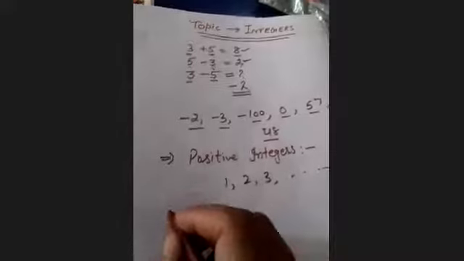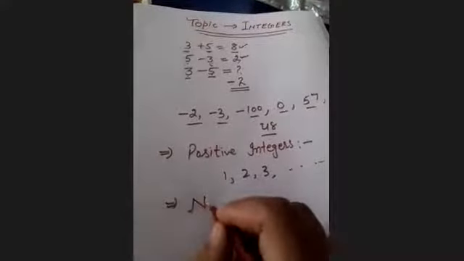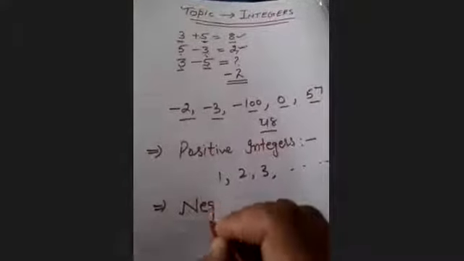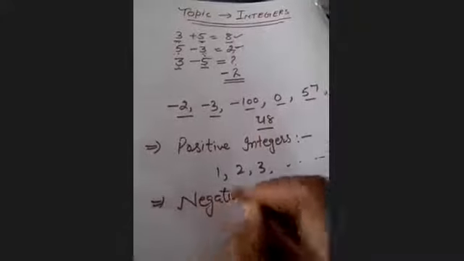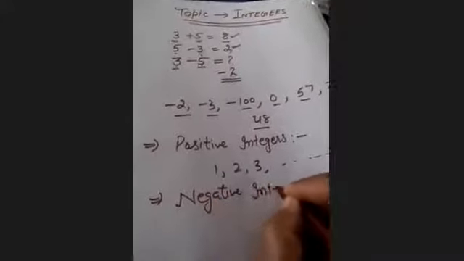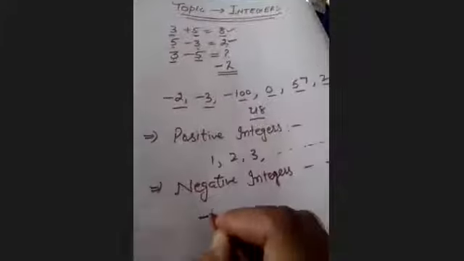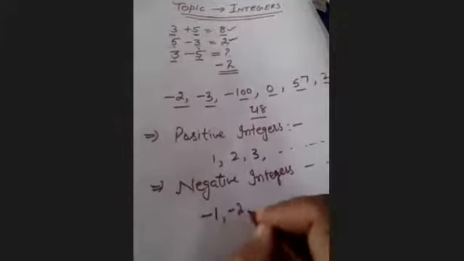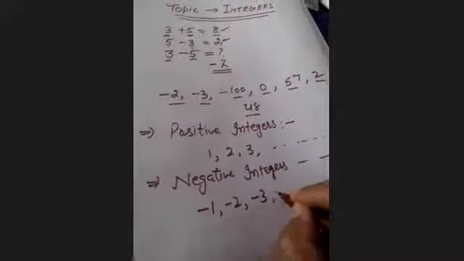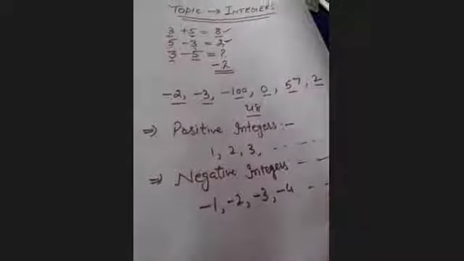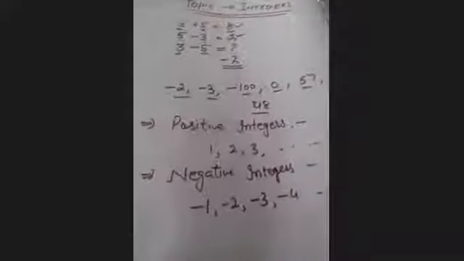Next is negative integers. Minus 1, minus 2, minus 3, minus 4 and so on, these are all negative integers.